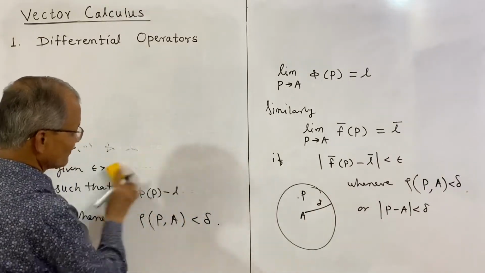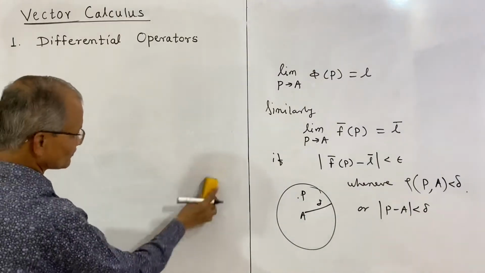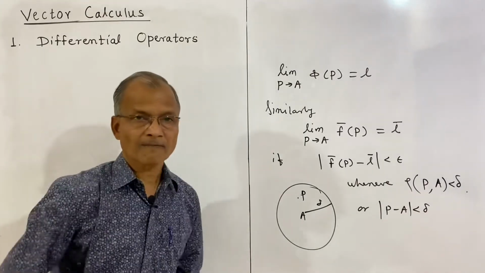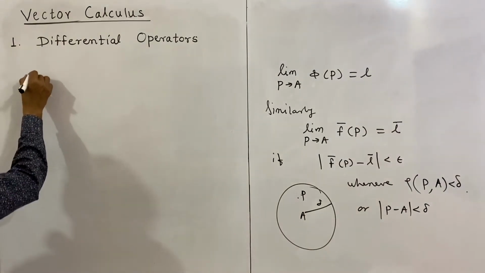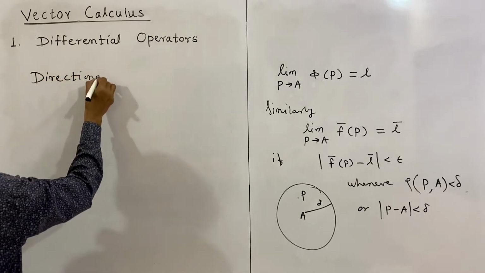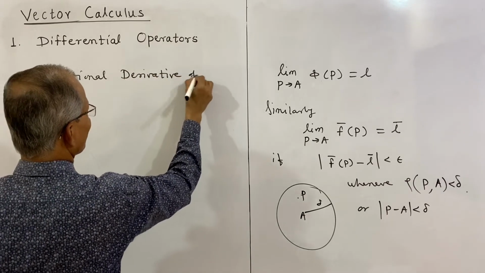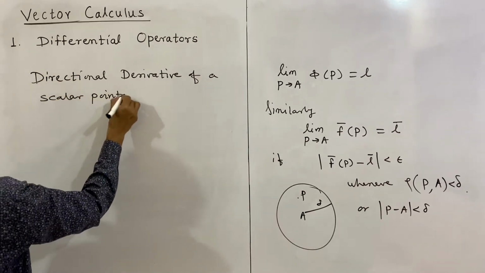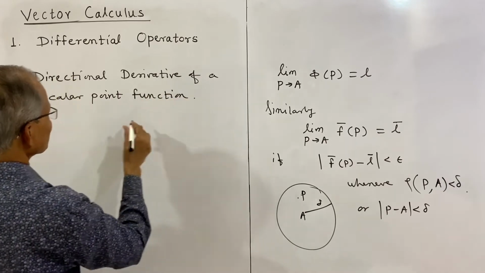Now, we shall see the derivative of a scalar point function, but this derivative will be taken along a particular direction, and therefore the derivative is known as directional derivative. Derivative of a scalar point function phi.